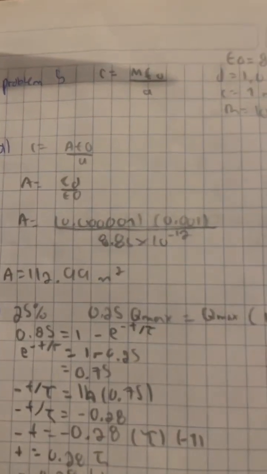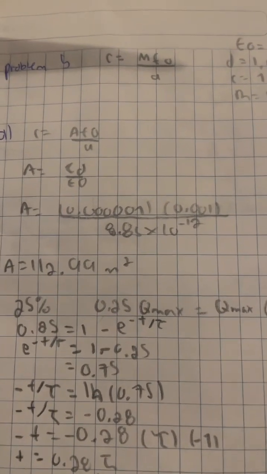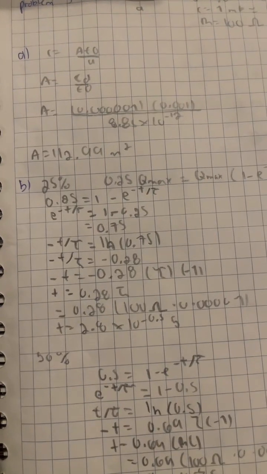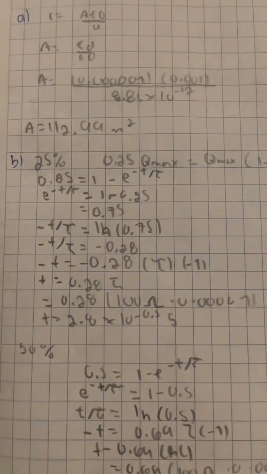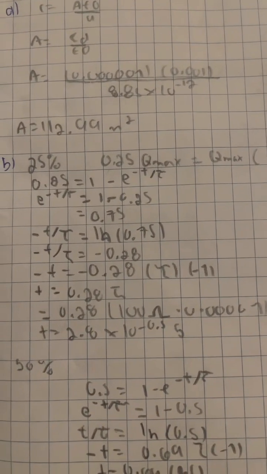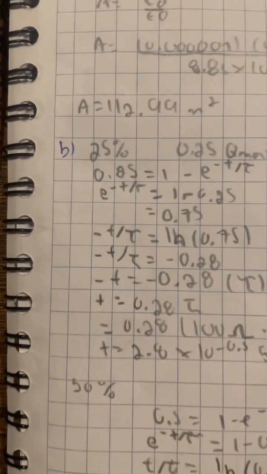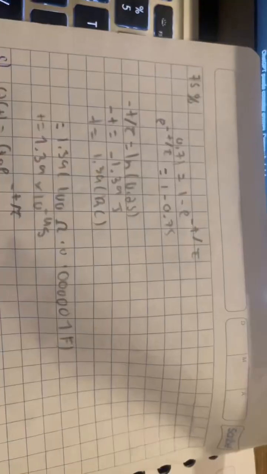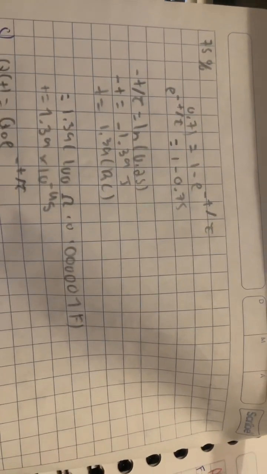Then I just substitute the given values for d and solve for A. For part B, I work with the time-dependent charging equation of a capacitor, that is this one. Then I solve for the time required to reach different percentages of maximum charge. I start with 25%, then 50%, and finally 75%.